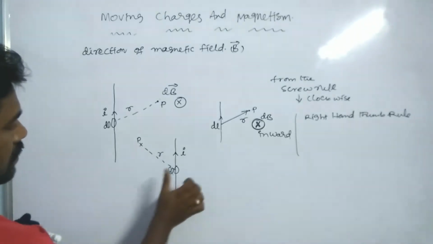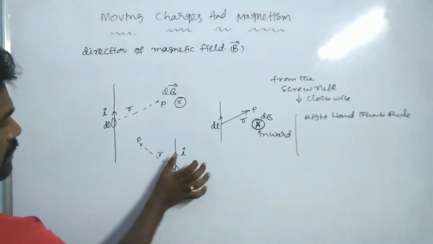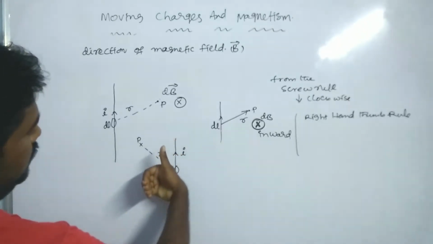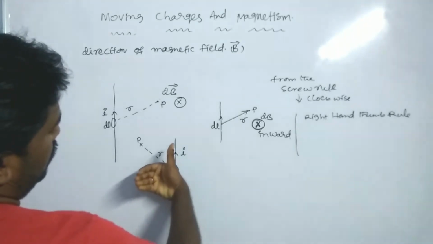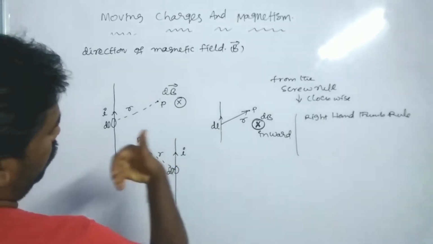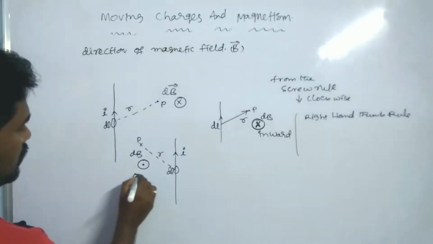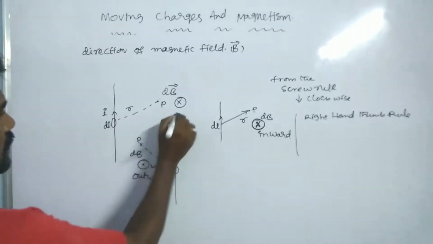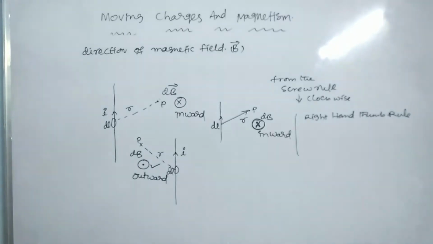So by the right hand thumb rule, this is your right hand thumb, and these are your fingers which are curled. So this is outward. So here dB is equal to outward. Outward means you have to keep this side outward and this is inward. So this is the best trick you have to use as we have to find the dB value.